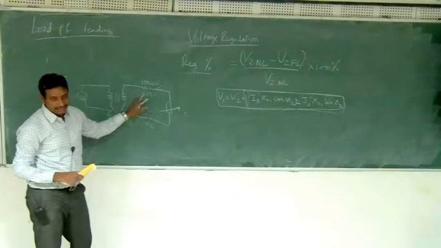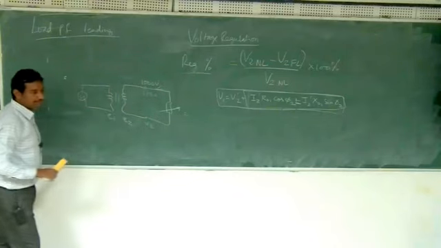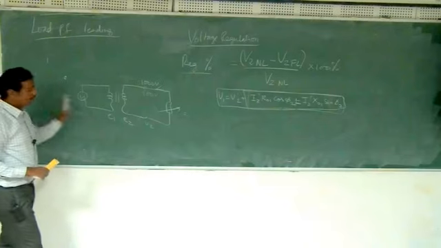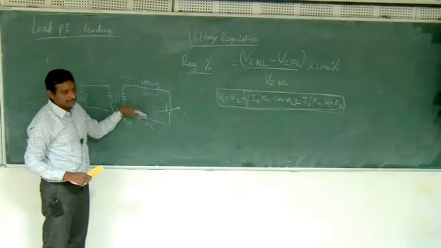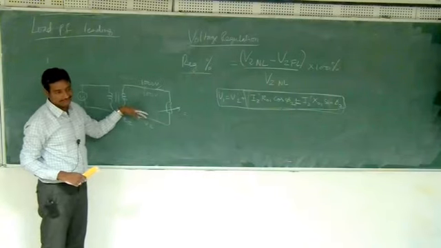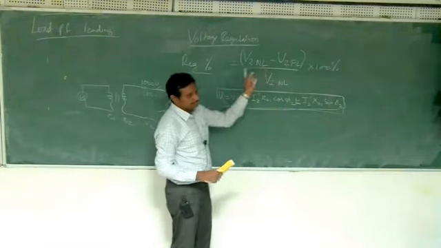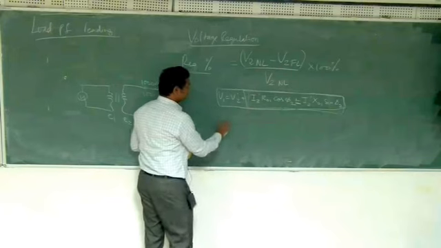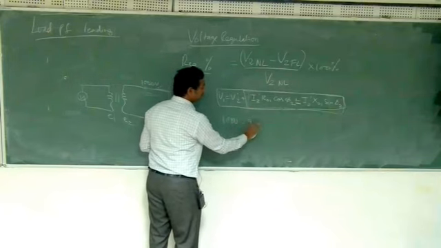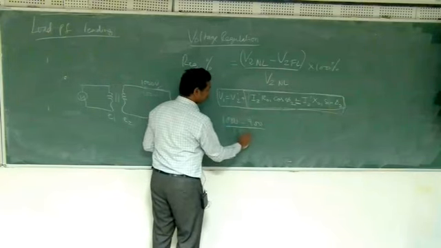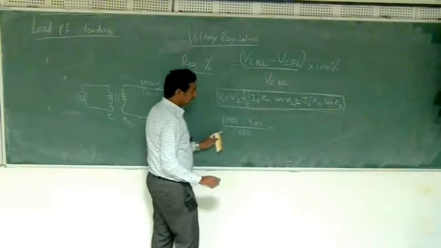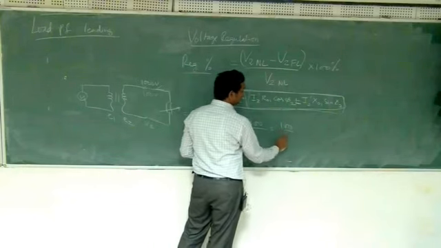See, I am not fixing the secondary, I am fixing the primary voltage. I start loading the transformer, the secondary voltage will keep on falling. So in that case, the percentage of drop is 1000 minus 900 divided by 1000. So this will be 100 by 1000, so it will be 10%.